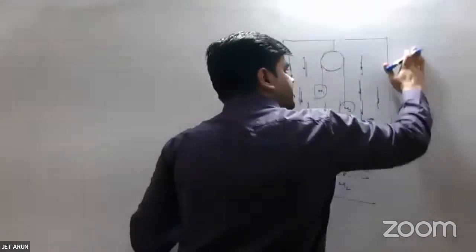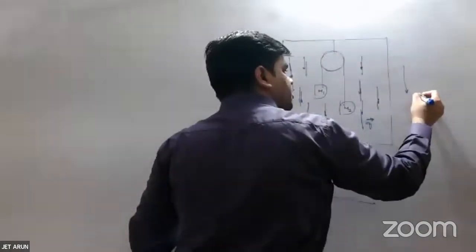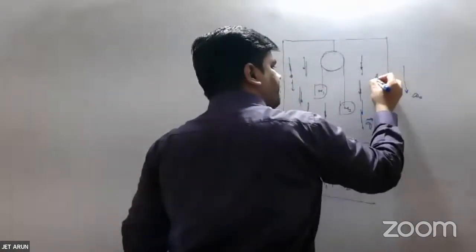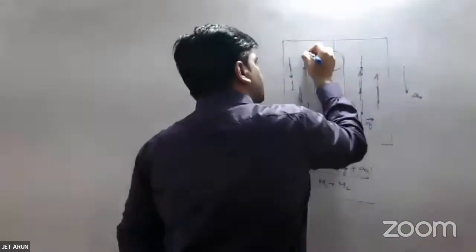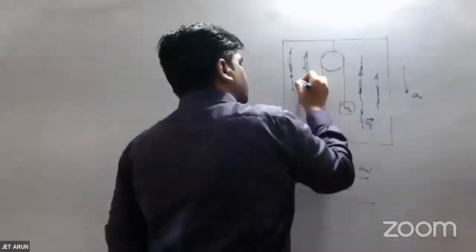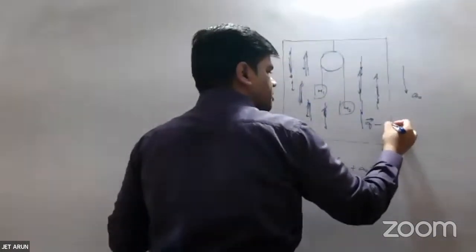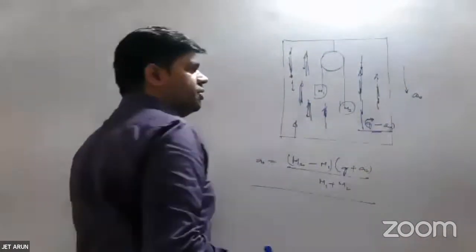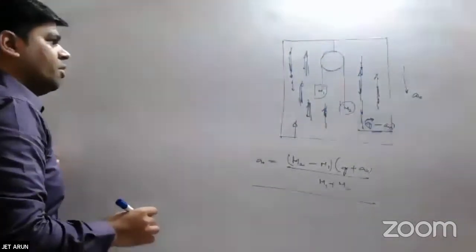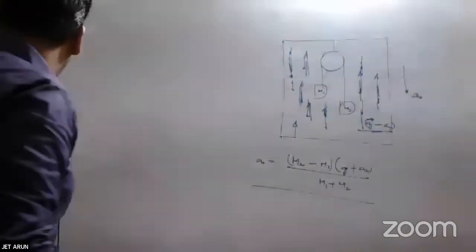If the acceleration is downwards, my pseudo force field is upwards, so g effective will be g minus a naught. Okay, let's look at some situations.